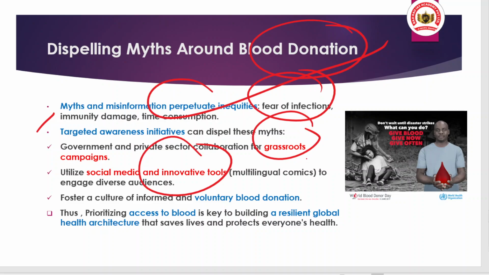We need to foster a culture of informed and voluntary blood donation, and hence we need prioritization and accessibility of blood, which is a very important thing for a resilient global health architecture that will definitely save the life and health and meet the needs of the people as well.